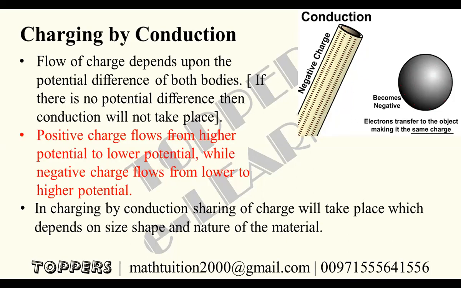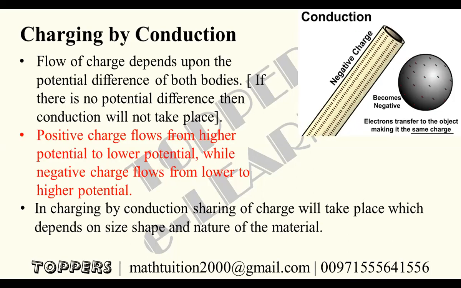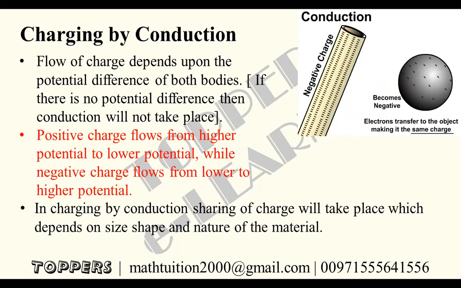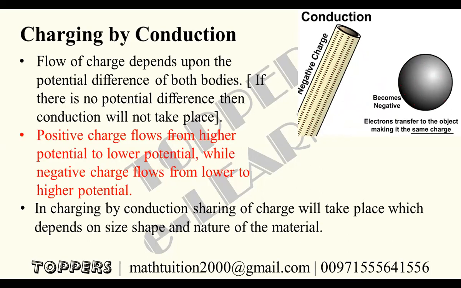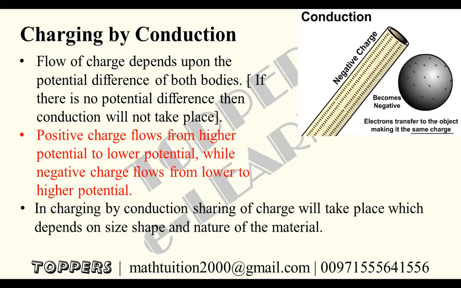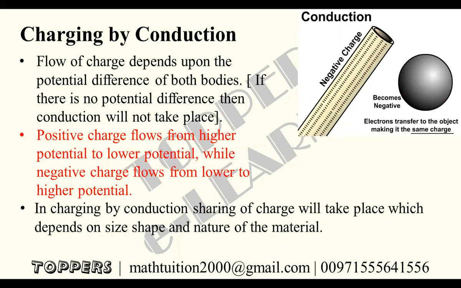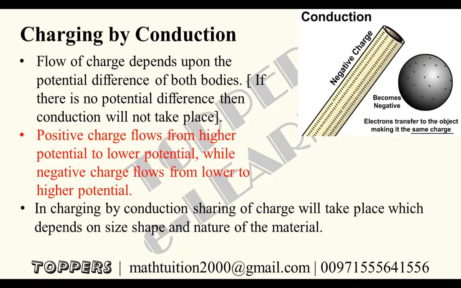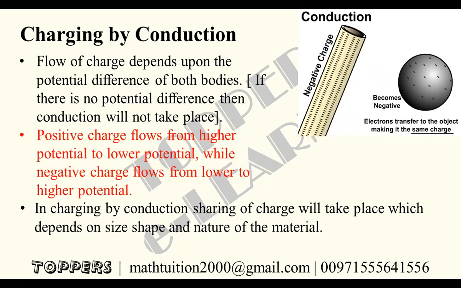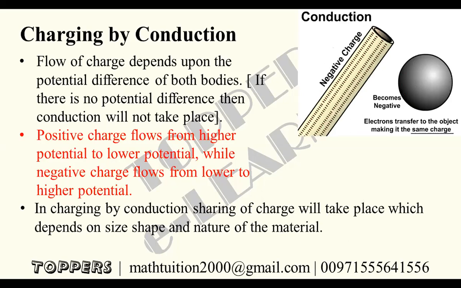By gaining these 5 electrons, 5 positive charge has been neutralized. So the remaining 5 positive charge stays, and they both now have the same charge, because both have the same shape, size, and nature of material. So they can equally share the charges.